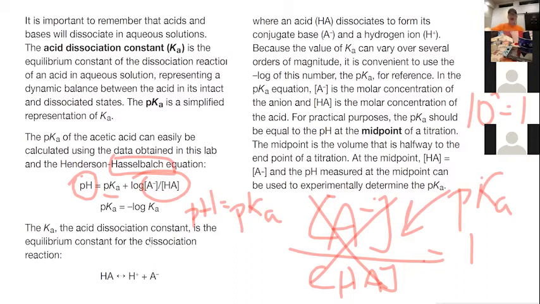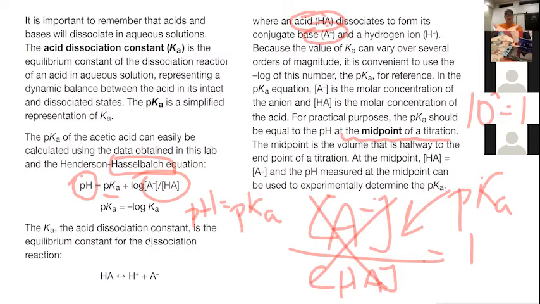So halfway, the midpoint of the titration, halfway through the titration, we should have turned half of the original acid into conjugate base. So exactly half of the original acid will have turned into base.